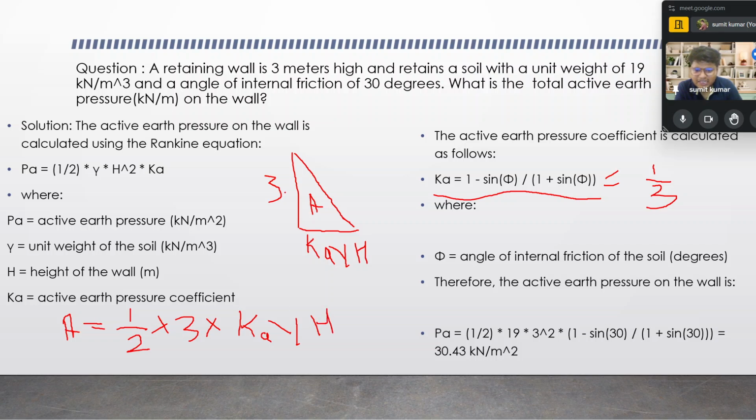This 3 is also H, so we have 1 by 2 into gamma into H square into K.